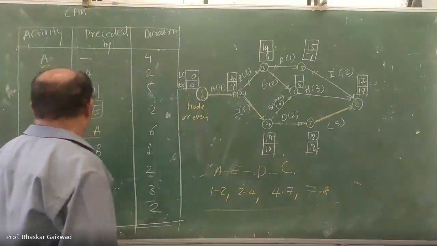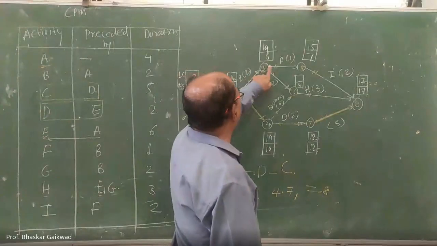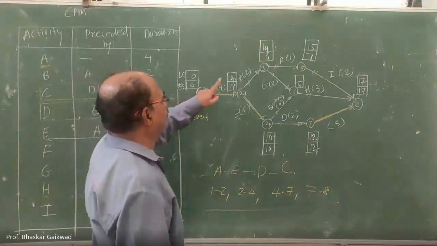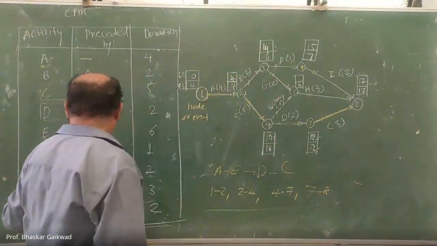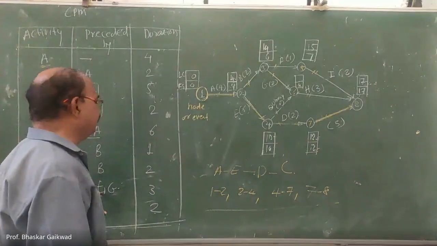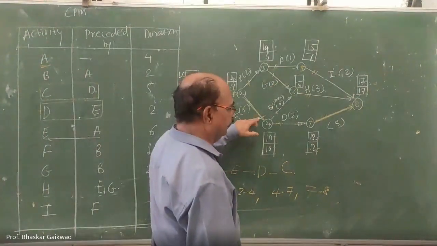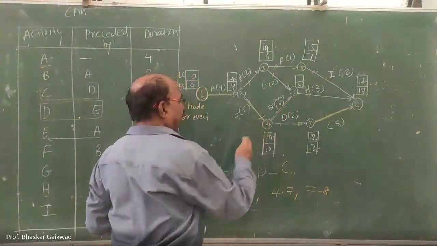Correct. Now F to B. So already we have got B. F will start from D. Then G to D. So B is with us. From G we can make F. After that S. S will start from E and G. We have G and we have E here, but both are not coming together. So here we can make one dummy activity.